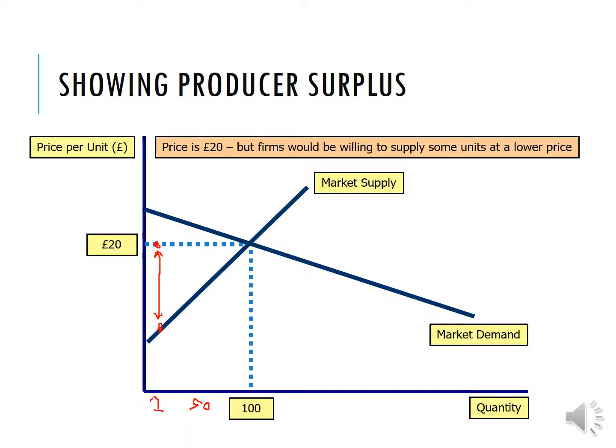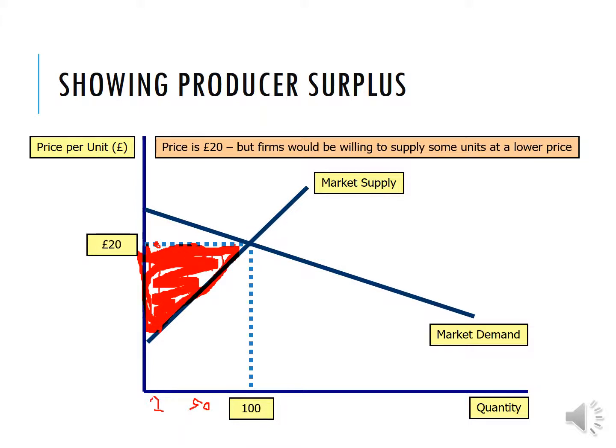Here they receive £20 for the unit because that's the market price, that's what they're selling all their products at, but they would be willing to sell for a lower price. So again, the gap here represents value to the supplier. If we do it for all of the units, we get an area that ultimately represents the surplus or the value to the producer.